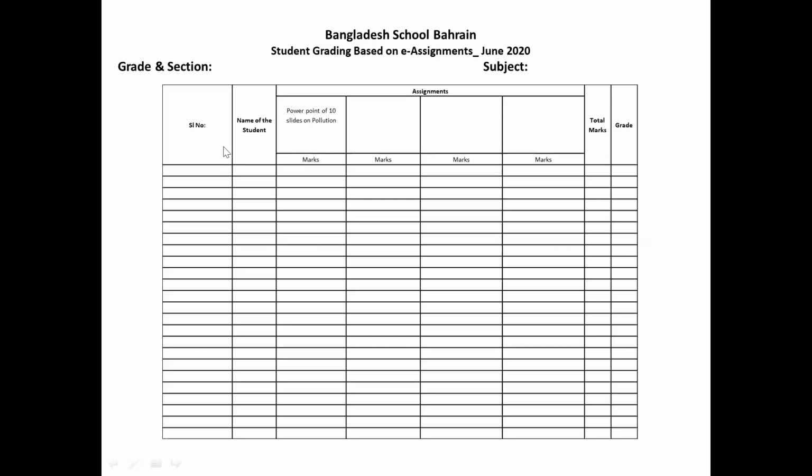So here you have to give the serial number and name of the student. Mention clearly which assignment it is, and then the marks scored by students once they have submitted each of these assignments. Then the total marks, mostly out of 100, and the grade.